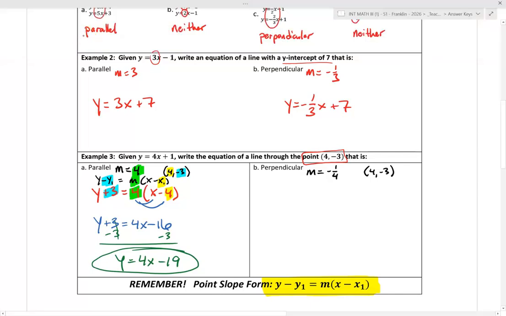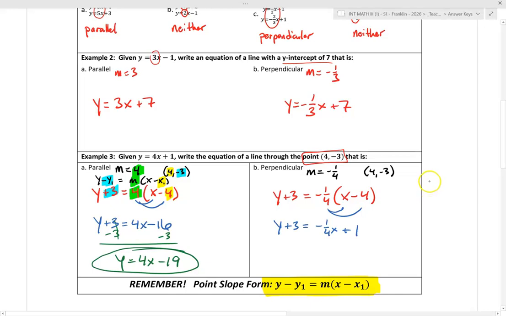And now let's fill out the next one, perpendicular. Again, it's y plus 3, because of that negative 3, equals negative 1/4 this time, times x minus 4. So it's practically the same setup, just a different slope. So now we distribute the negative 1/4. So y plus 3 equals negative 1/4 x plus 1. 1/4 times 4 is 1.